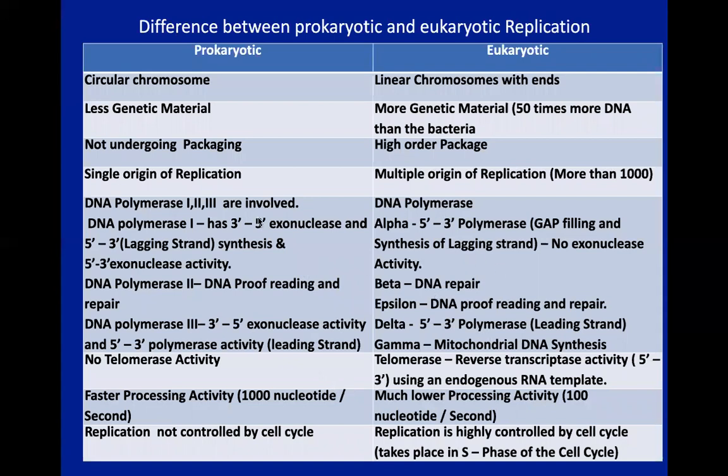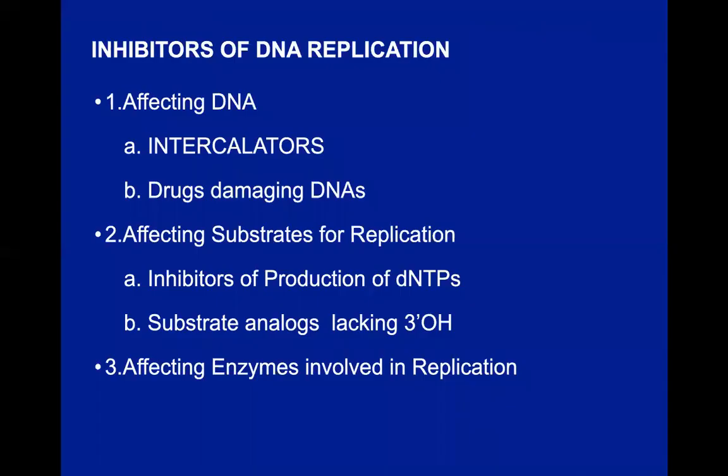I've already told you about the polymerase differences, circular versus linear chromosomes, and proofreading activity. And the replication is not controlled by the cell cycle in prokaryotes, but in eukaryotes replication takes place during a phase of the cell cycle. The cell cycle I'll take in my next class.